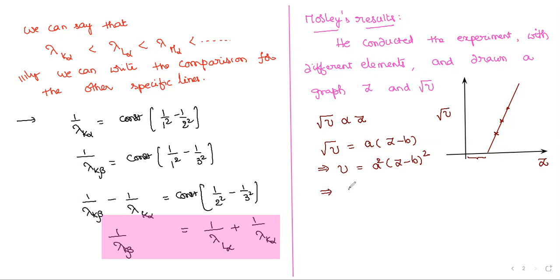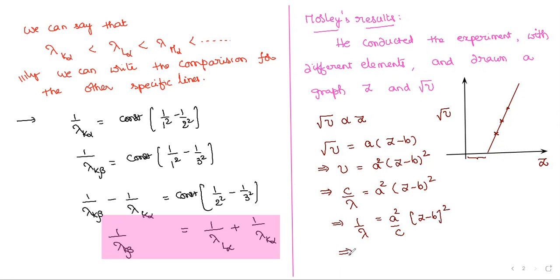That implies c by lambda equals a squared into (Z minus b) whole squared, keeping in mind that b is the x intercept. That implies 1 by lambda equals a squared by c into (Z minus b) whole squared.